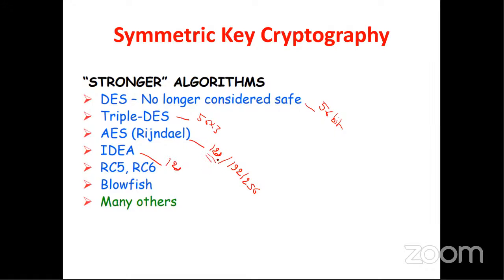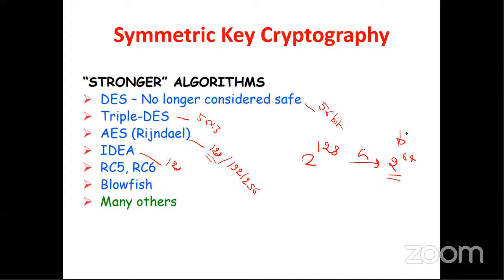If we have 128-bit keys, then the possible number of keys will be 2 to power 128. Using Grover, it becomes 2 to power 64, and this 2 to power 64 is doable on supercomputers.